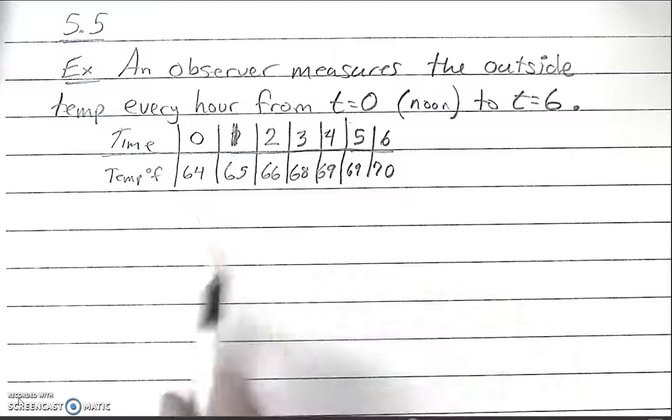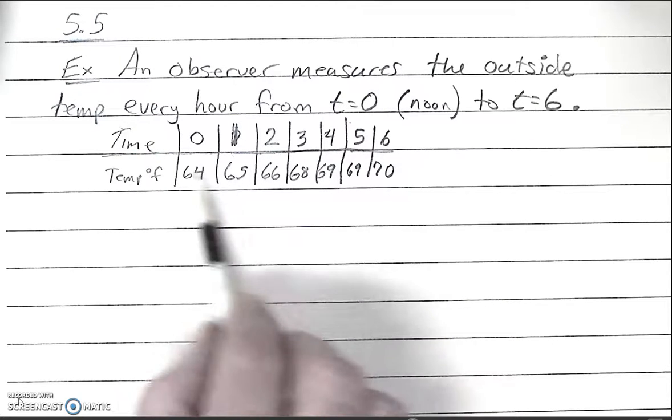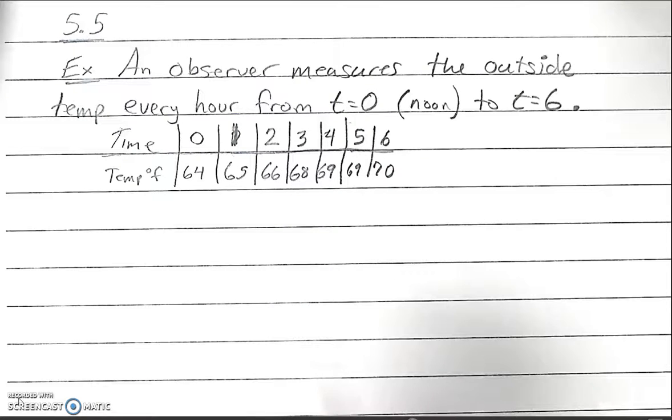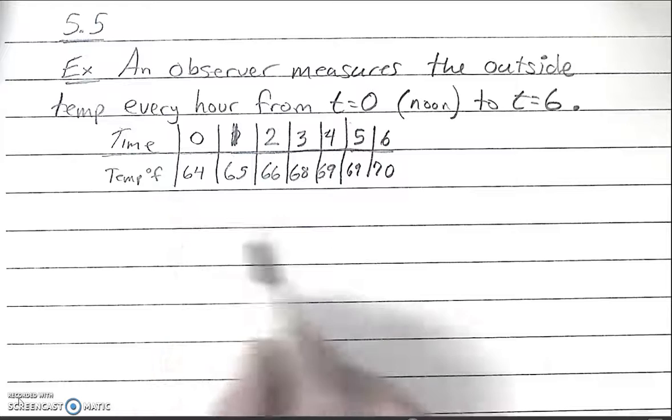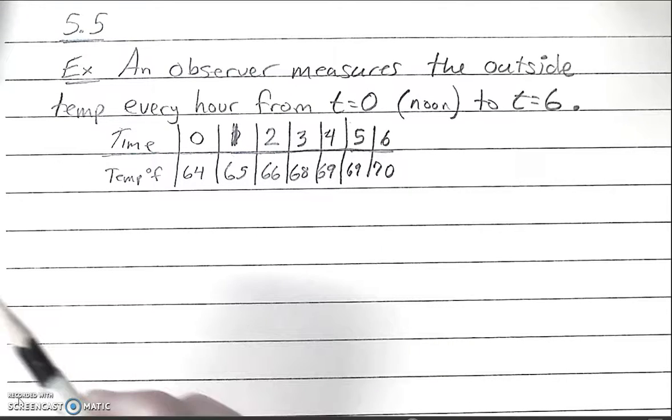So, while this data looks like it's 6 or 7 separate points of data, it's actually a continuous change. Temperature changes continuously.